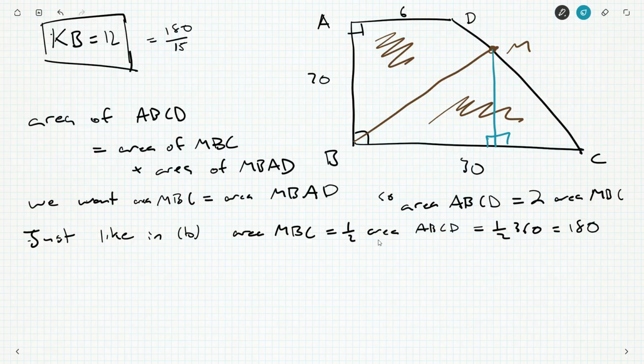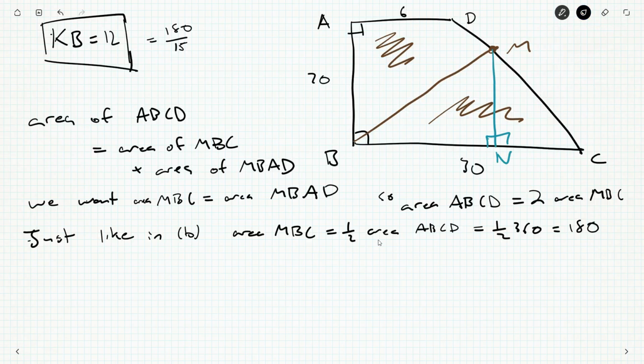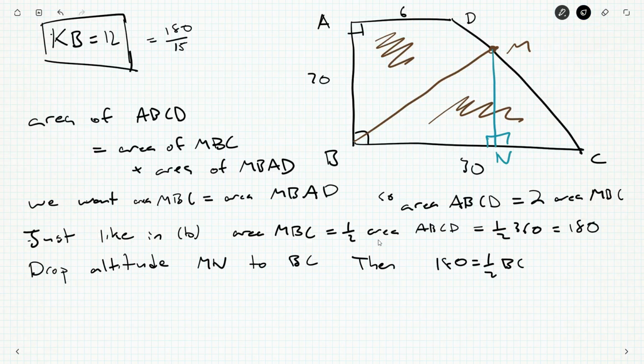Let's call this point N. So we'll drop altitude MN to BC. Then 180 is 1/2 BC times MN, which is 1/2 30 times MN, and just like in the last one, MN is going to have to be equal to 12.